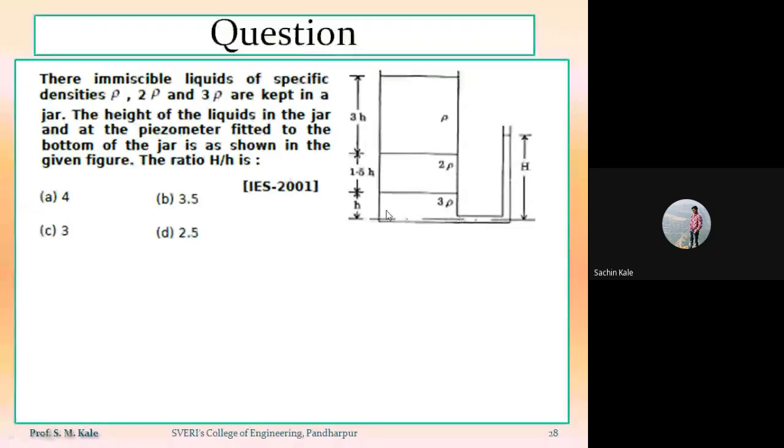The thrice rho fluid has height small h, the second fluid has height 1.5 h, and the third fluid has height thrice h. The rise of liquid inside the piezometer from the lower end is capital H. You have to find the answer.